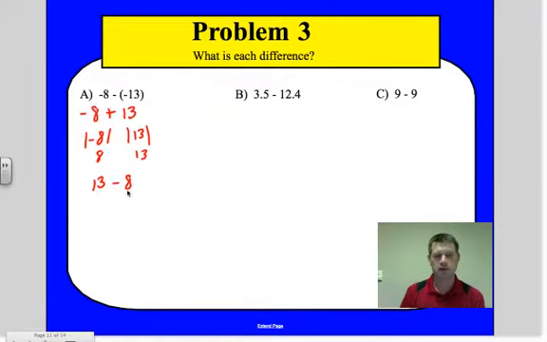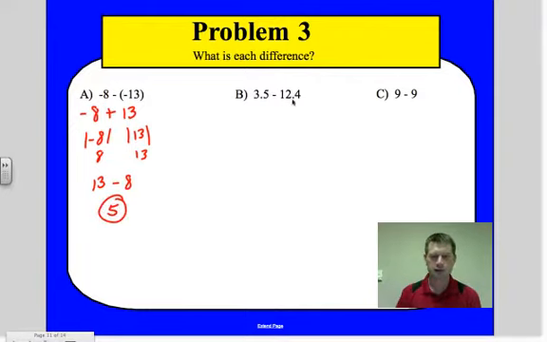If you have $13 and take away $8, you're going to be left with 5. But go back up to the beginning, negative 8 plus 13. The larger one was positive, so this one stays positive.